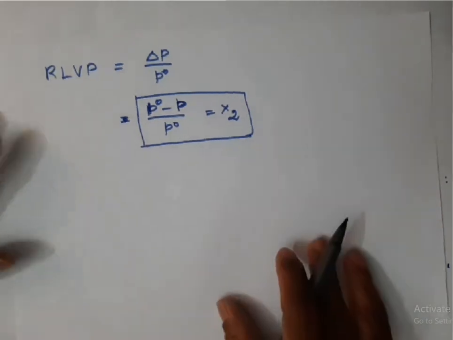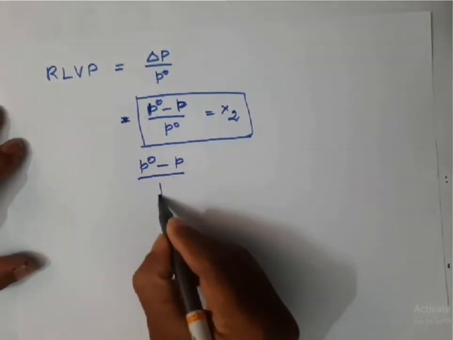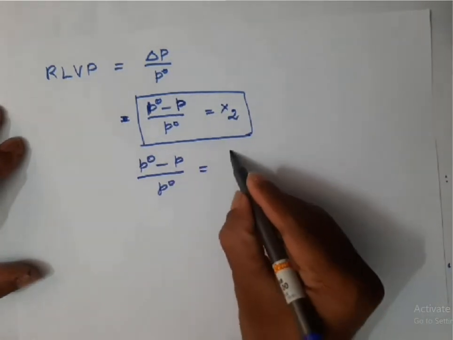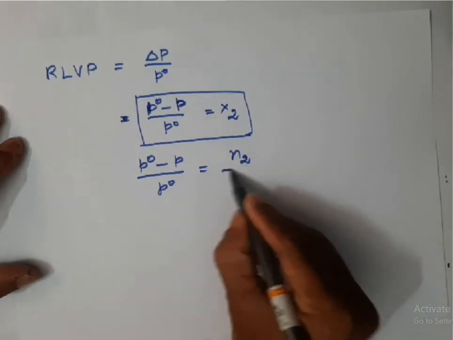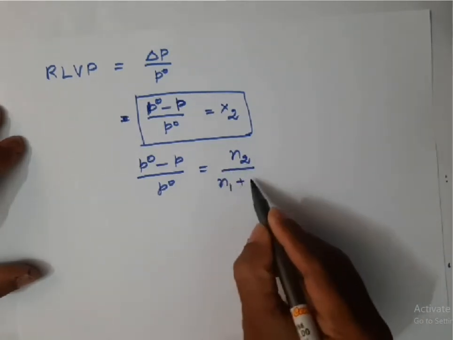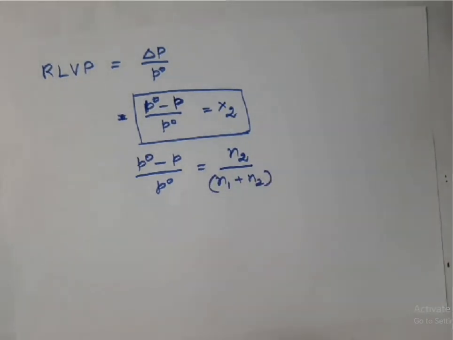We also know that P naught minus P by P naught is equal to mole fraction of solute. Mole fraction is nothing but number of moles of solute divided by total number of moles. Total number of moles means number of moles of solvent plus number of moles of solute.